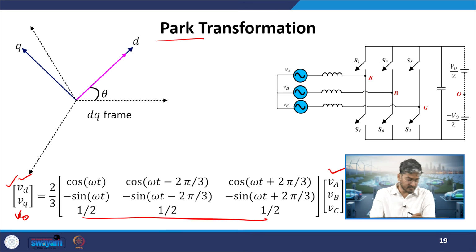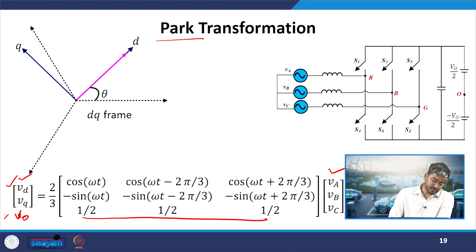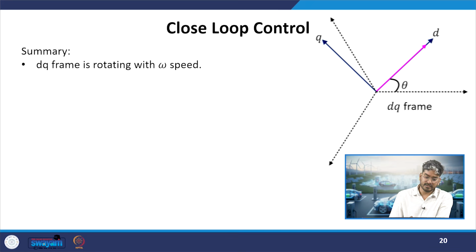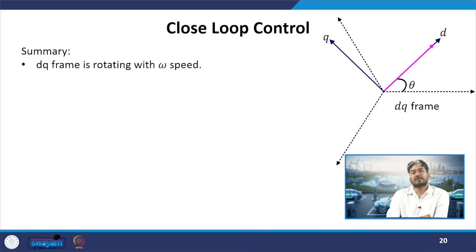In a three wire system, generally this will be 0, so we are not considering that here. In our discussions, we will mostly concentrate on a balanced three phase supply, so the VD and VQ will be of importance for us. That's what we are considering in this. So what is the significance of our DQ frame?